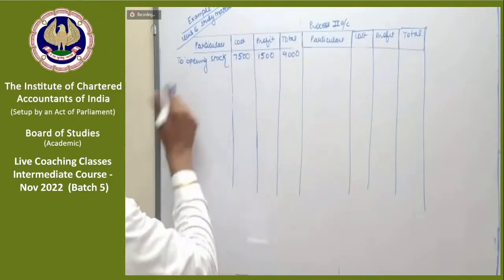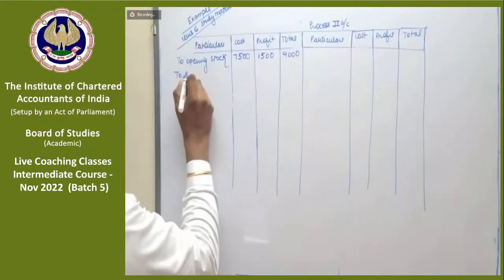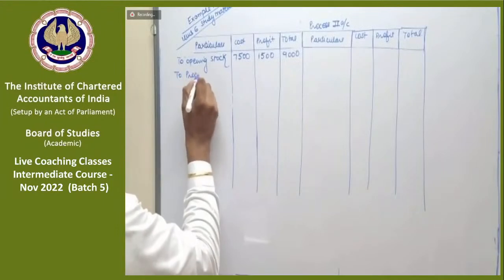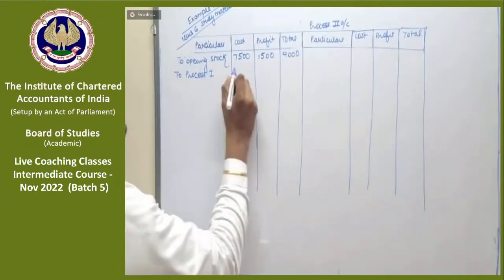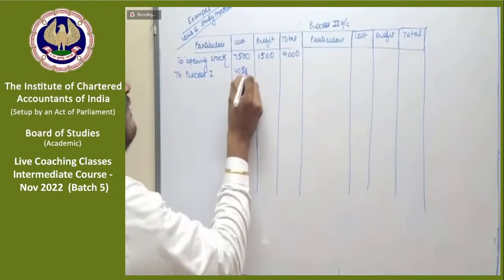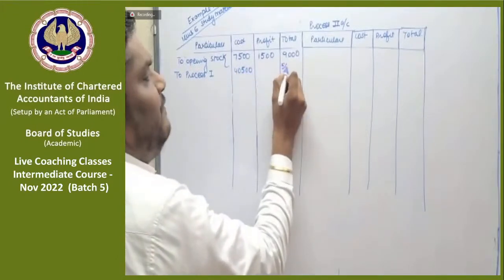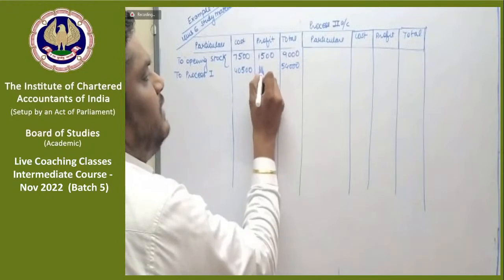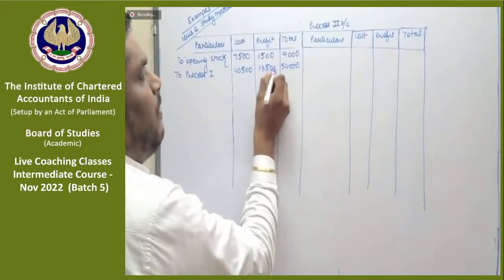So this is the opening stock plus the units that are received from process first. We have already calculated that, that is 40,500 and 54,000. So this is 13,500.